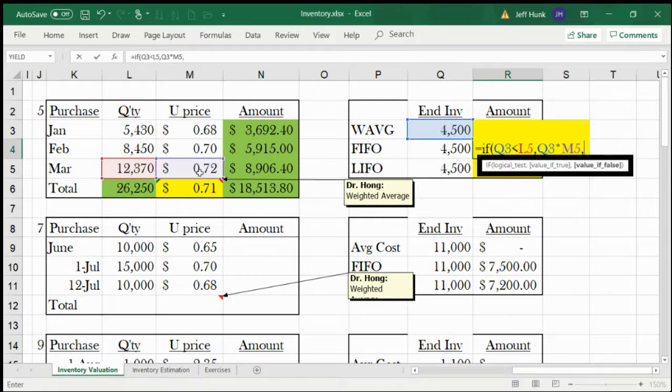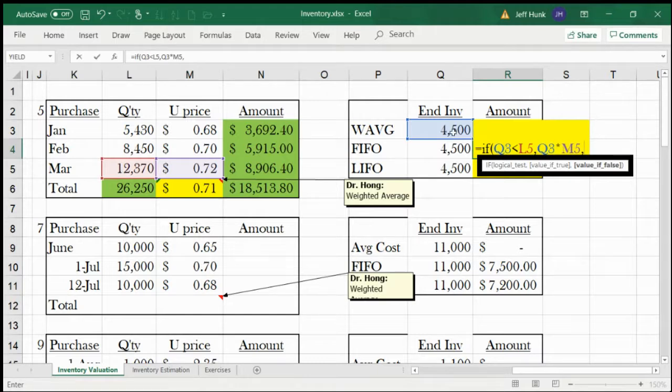Otherwise, then otherwise means what? That means this didn't come entirely from this. In other words, if this is not less than this, in other words, if this is greater than this, then it will have to be split. Of course, in this example, this is not greater than this, so nothing needs to be done further. But what if this is like 13,000 units? If it is 13,000 units, it cannot come entirely from March.